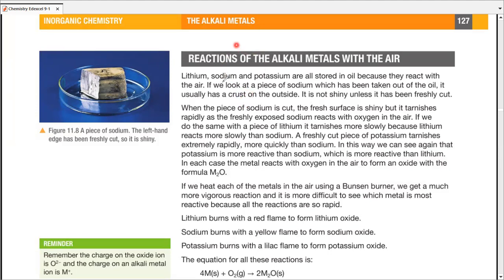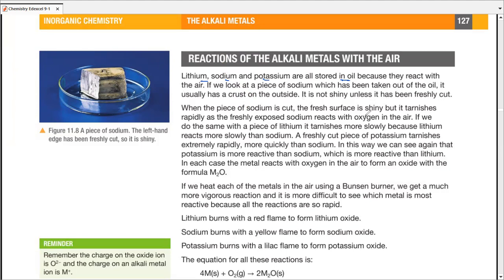Now, starting off with lithium, sodium, and potassium, they're all stored in oil because they react with oxygen in the air, if I be specific. Now, take out a piece of sodium, take it out of oil. It usually has the crust on outside, this blackish appearance. It is not shiny until it has been freshly cut.